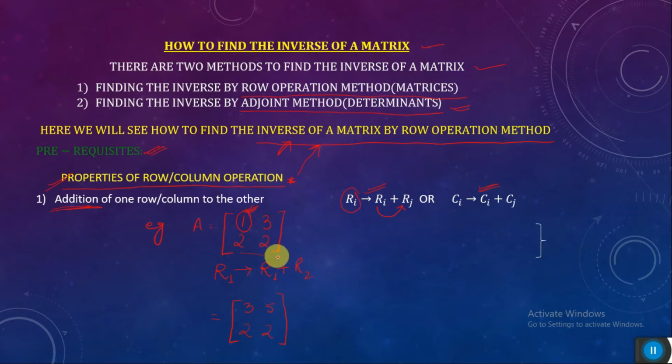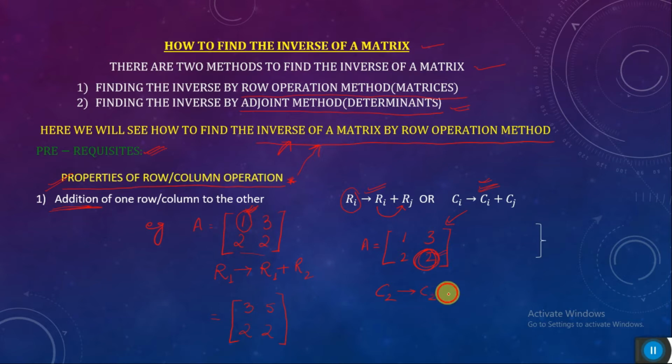Clear? Suppose you have another matrix here, 1 3 2 2. This is the same matrix. I want to bring up 4 here using column operation. So what will I do? I will put C2 under operation because C2 has the element we are concerned with.